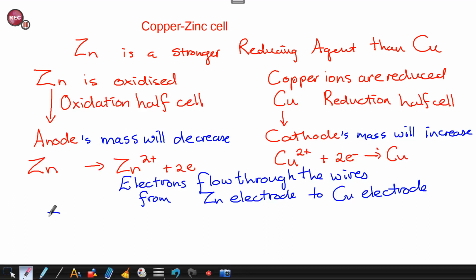What will happen to the concentration of the zinc ions in the oxidation half cell? It will increase. What happens to the concentration of the copper 2+ ions in the reduction half cell? It will decrease.